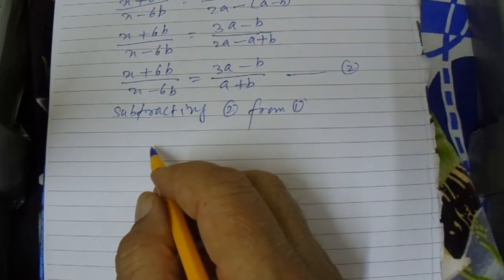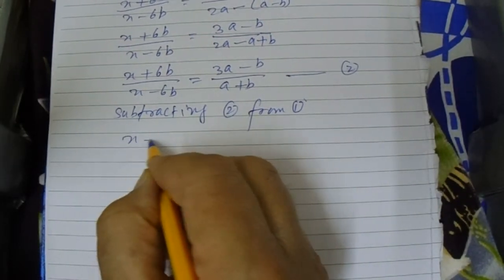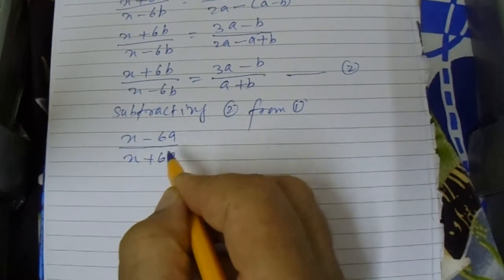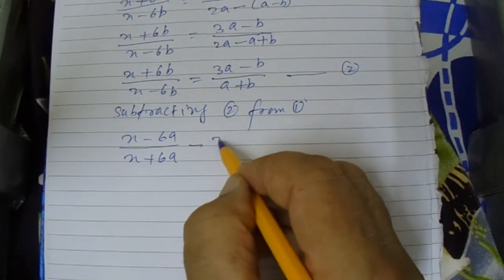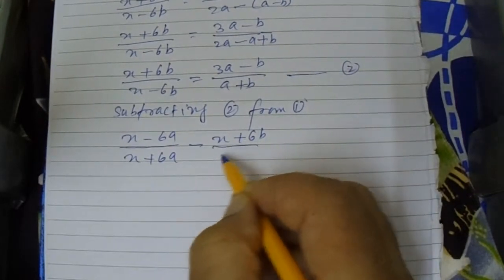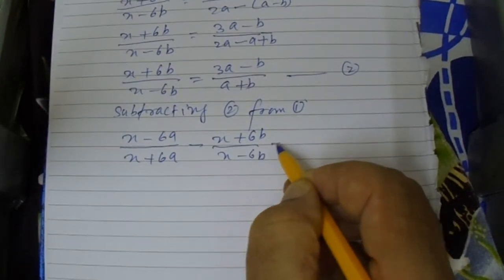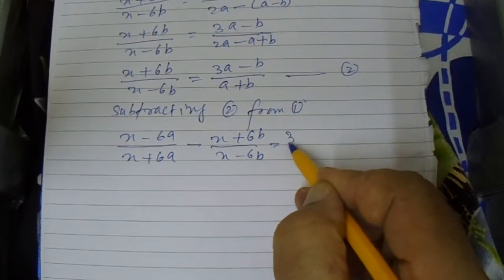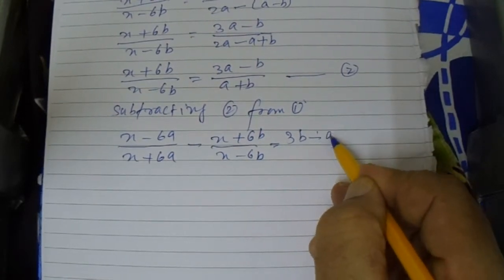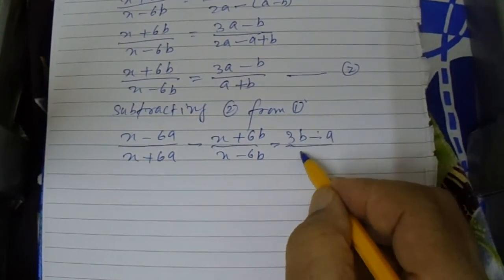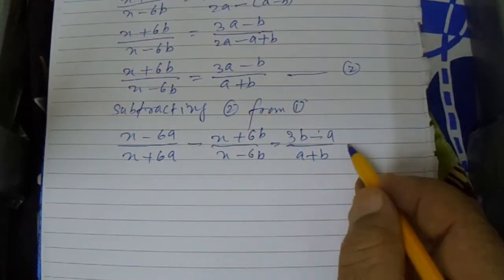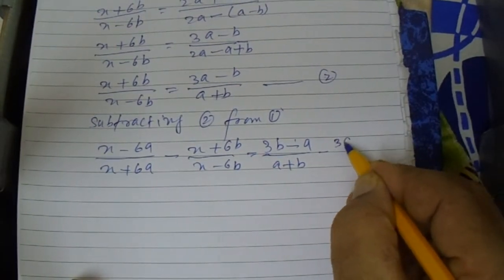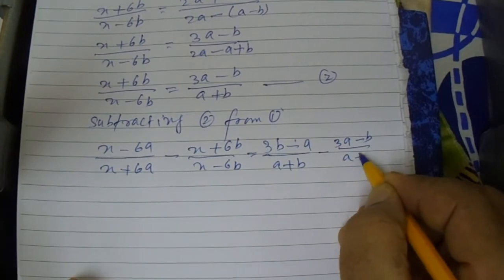First is x minus 6a over x plus 6a, minus x plus 6b over x minus 6b is equal to, we write first 3b minus a over a plus b, and this also minus 3a minus b over a plus b.